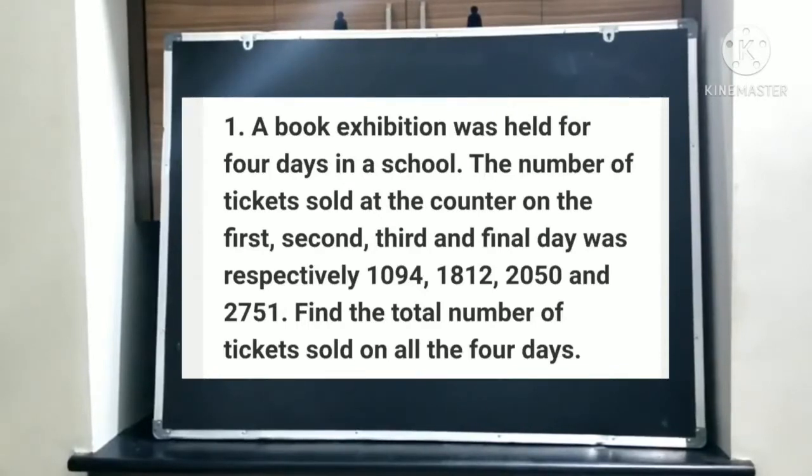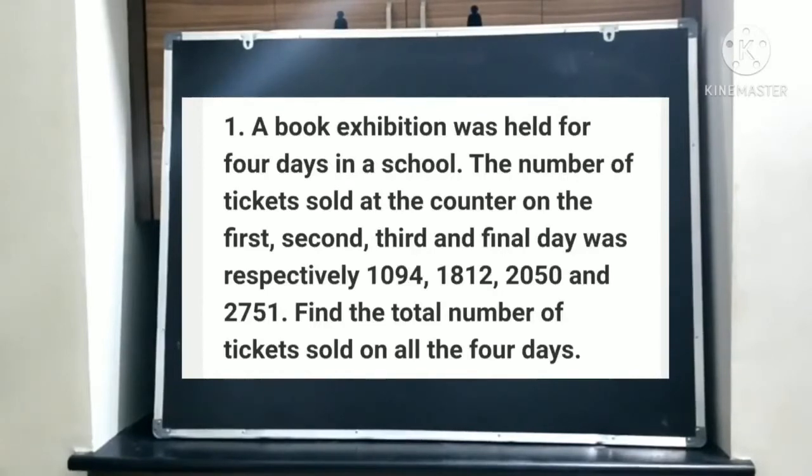So total number of tickets, the word total means addition. Here in this problem, we have to do the operation addition. For that, what are the steps? From this question, 4 numbers are given. What are they? The number of tickets sold on each day.